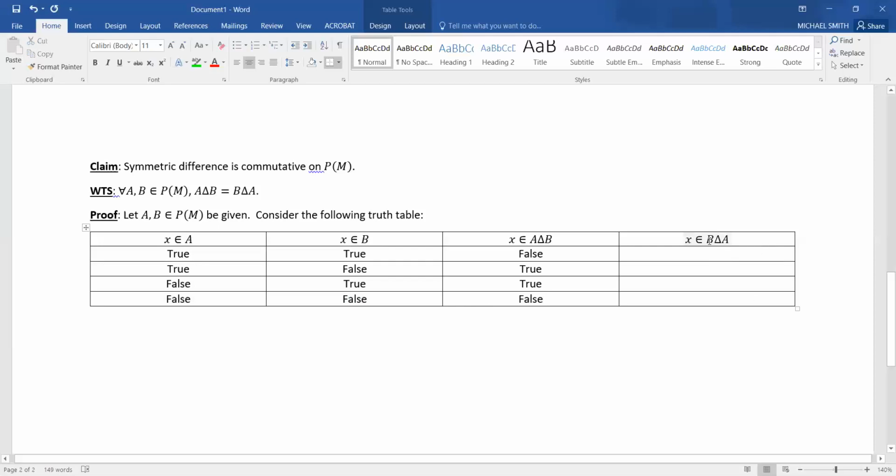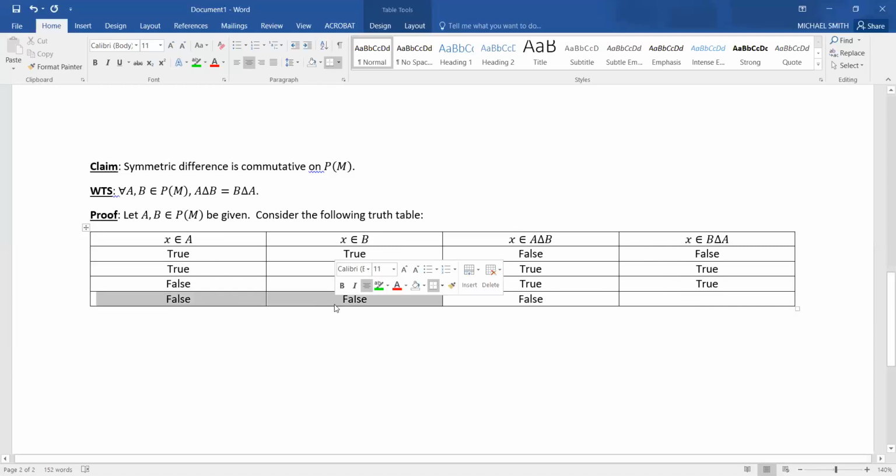So false exclusive or false is false because it's not the case that exactly one of them is true. Now we do the same thing for B symmetric difference A. True exclusive or true is false. False exclusive or true is true. True exclusive or false is true because exactly one of them is true.